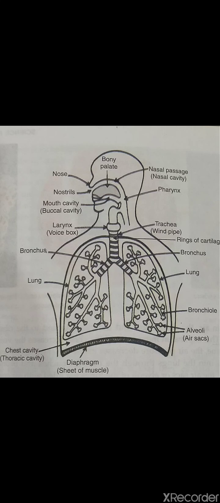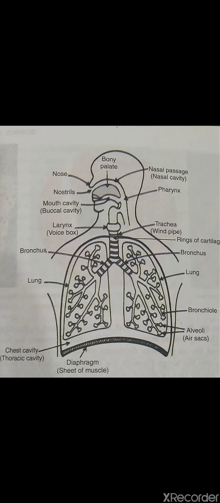And the walls of these alveoli are very thin and they are surrounded by very thin blood capillaries, and it is in these alveoli that oxygen is taken into the body and carbon dioxide is eliminated. Fine. Or you can say the main function of alveoli is the exchange of gases.